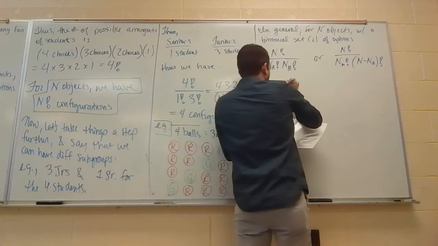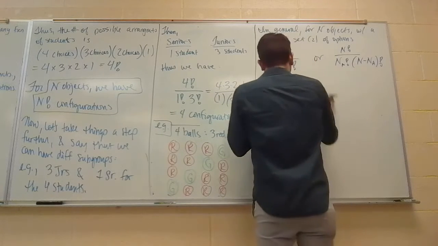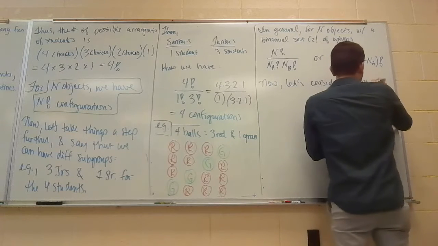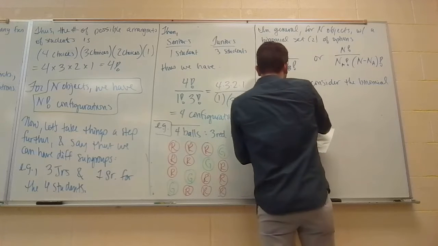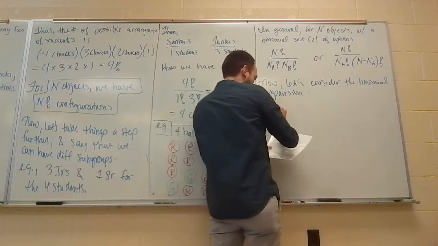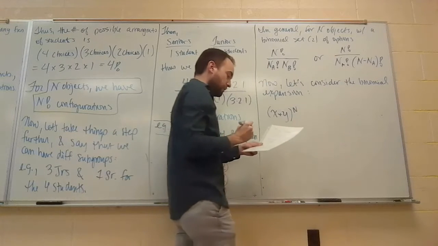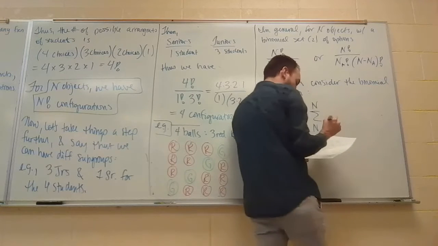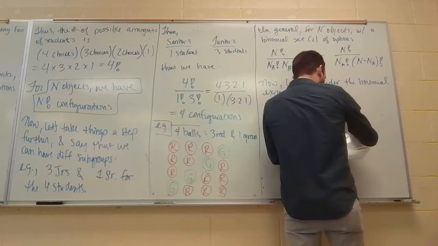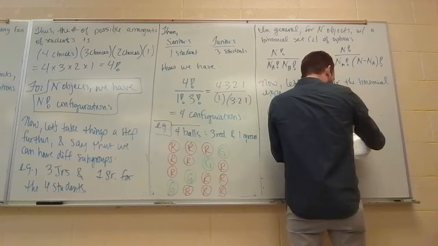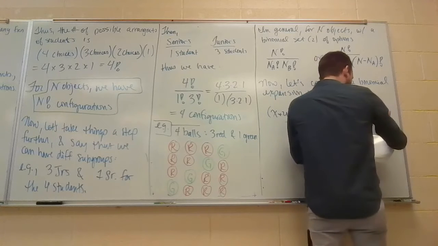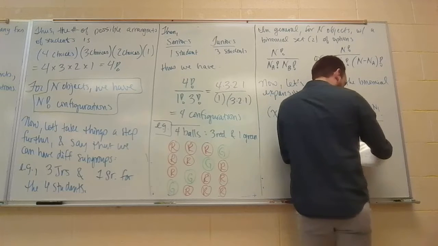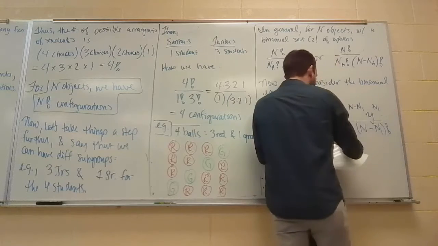Now, let's consider the binomial expansion, where we have (x plus y) to the n, and that's equal to the sum on n1 equals 0 going up to n of n factorial times x to the n minus n1 times y to the n1, all divided by n1 factorial, (n minus n1) quantity factorial.